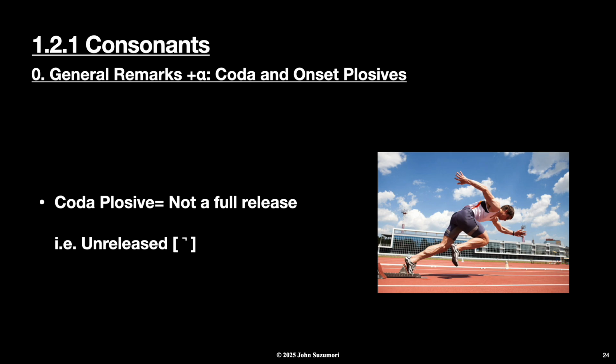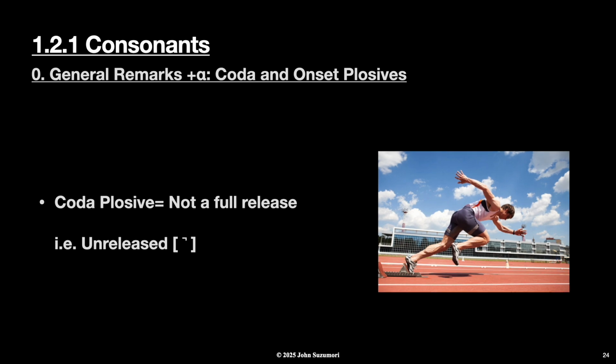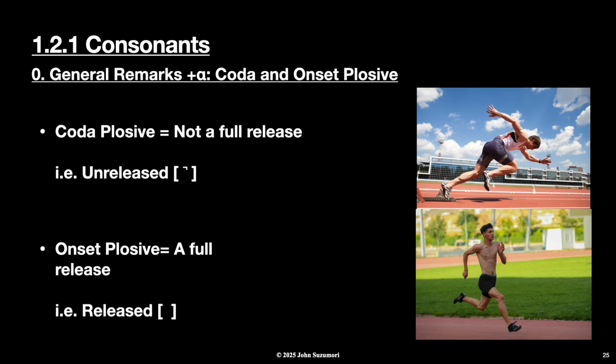The unreleased sound is marked with the left angle superscript. On the other hand, the onset is a fully released sound. It is like running in a full motion. If you are not familiar with these ideas, then go review KGTL 1.1.1.